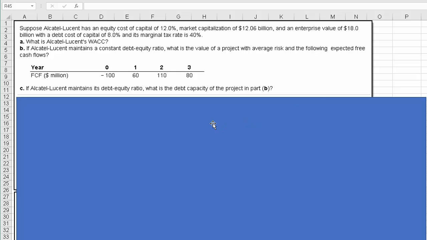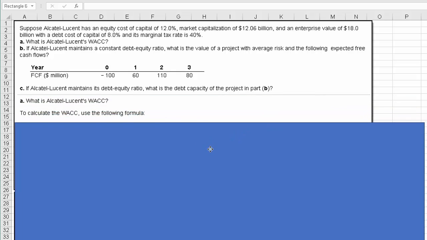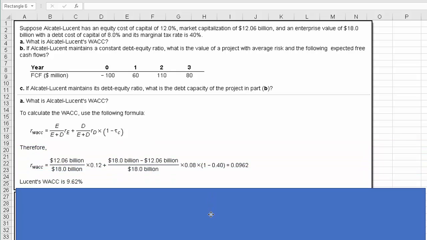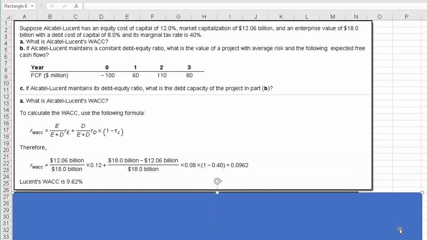Now, to solve this one, they've given you quite a bit of the information for you. So all you have to do is use this formula that you see, the weighted average cost of capital, where we weight the debt cost to the equity cost. So they've given us the 12% cost of equity capital, and the equity was 12.06 over a total of 18, right?